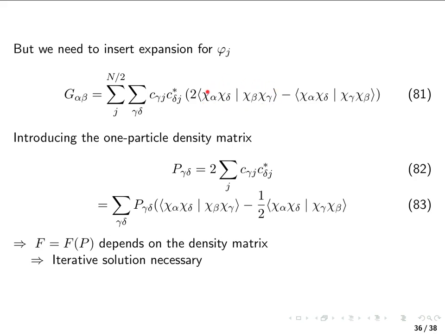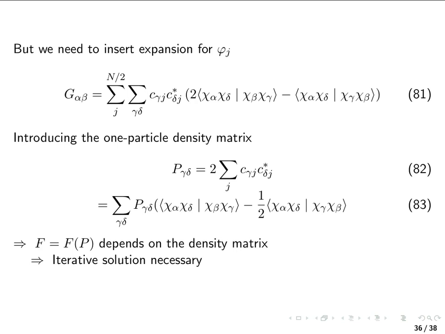Now we only have integrals over basis functions. And we have here the molecular orbital coefficients for phi j expressed in basis functions chi delta and chi gamma. And it's the same coefficient we get from both integrals.